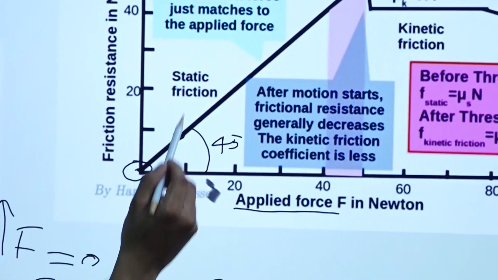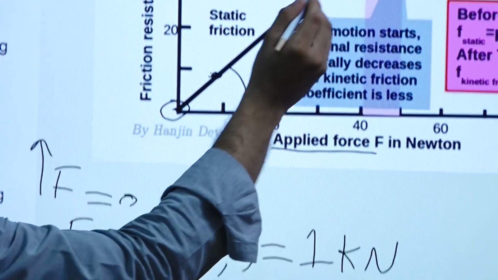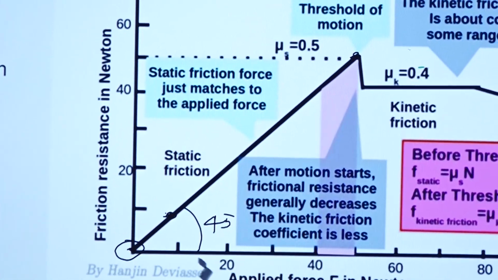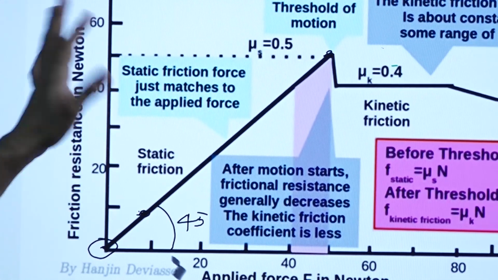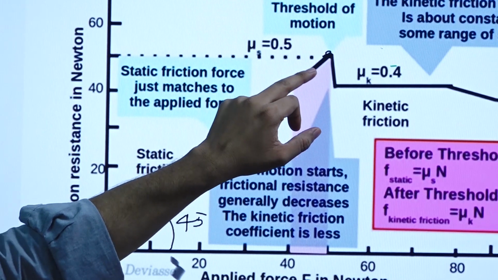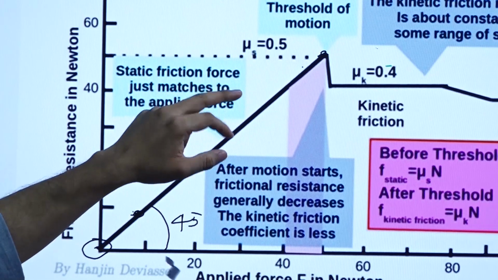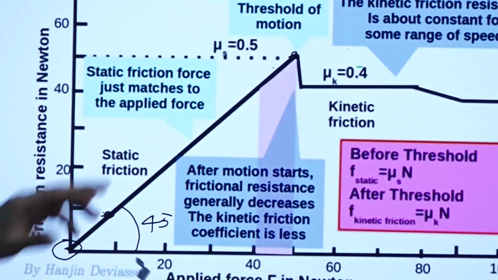So up to static friction, this will carry on, you keep on increasing the external force, and up to this point your block will not move. Okay, it is static, it is not moving, but only up to this threshold limit. When this threshold limit is achieved, that time we will have the maximum frictional force, right?